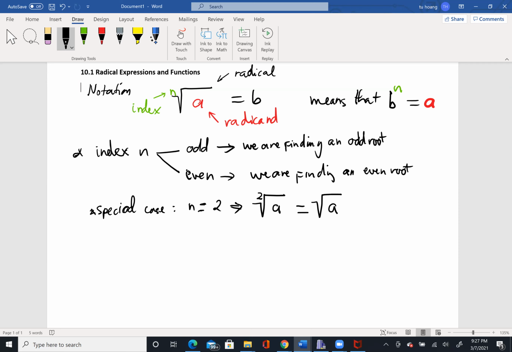Let's see. So let me have an example. So this is called square root.